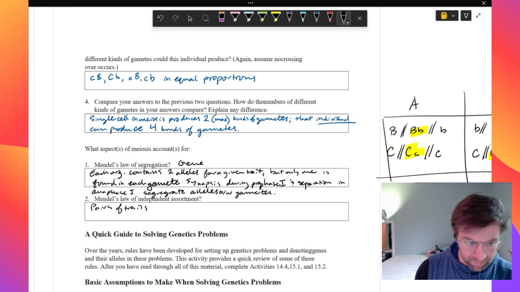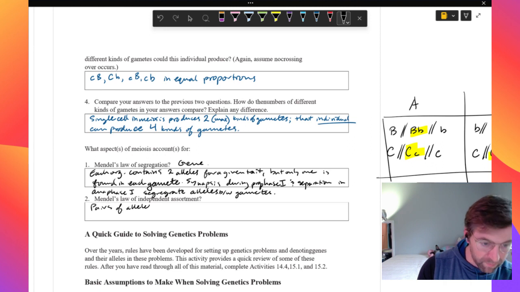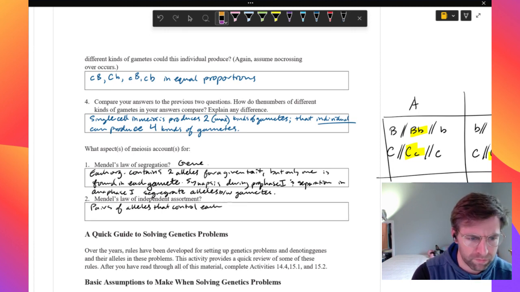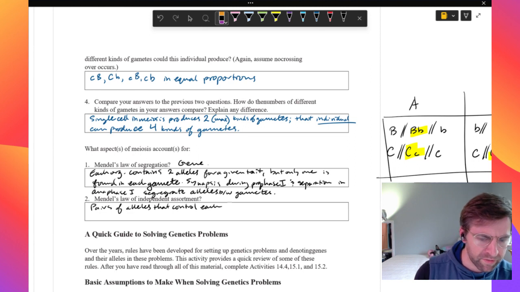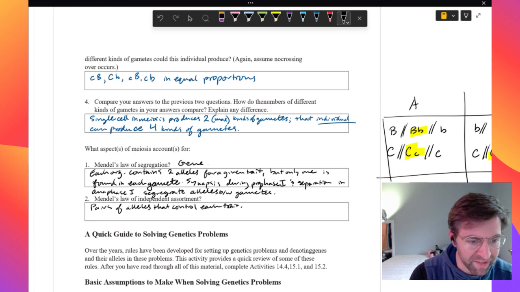Pairs of alleles. We're going to say alleles that control each trait, yes, trait. Got to stay on top of the language here.